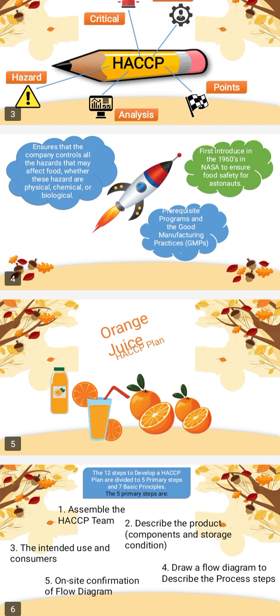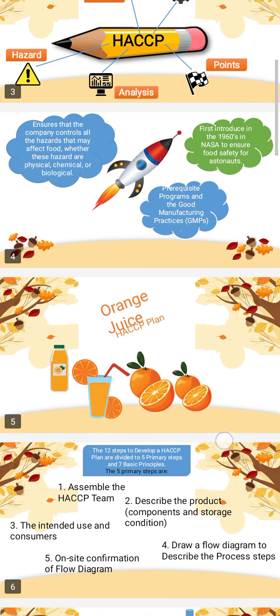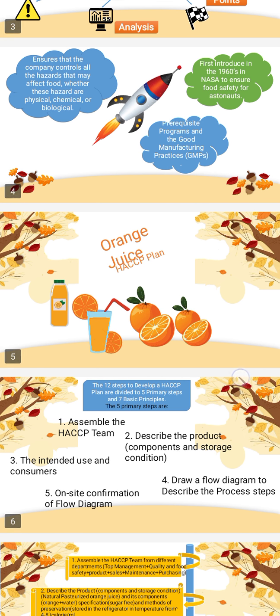Our example today, orange juice, will train us how to make a HACCP plan for any food we want to make. First, we must understand that the 12 steps to develop a HACCP plan are divided into 5 primary steps and 7 basic principles. Today we explain in detail the 5 primary steps.